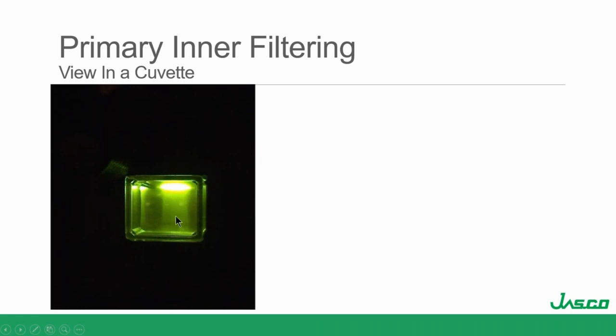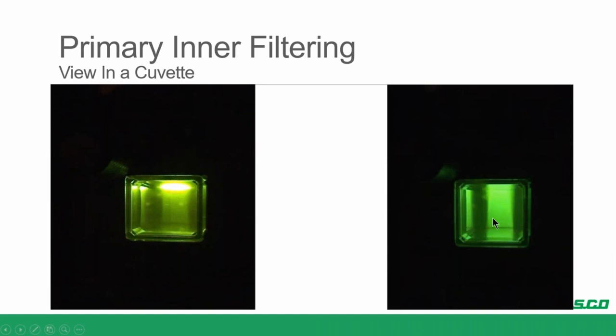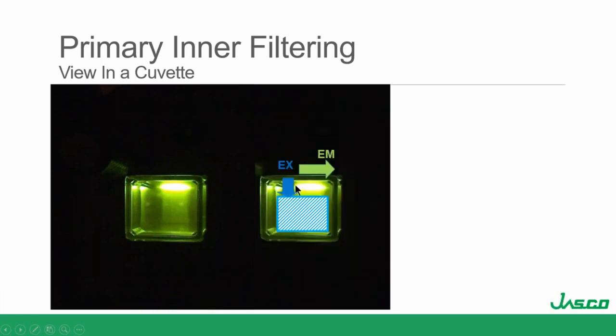So same cuvette view, right? And you might be able to tell it's different, but just to help you out a little, there's the one from before. What's the difference? We have this huge band of light at the front end, so it's so concentrated that all of the molecules that are in the front here absorb all of the light, and we only see emission from, say, the first couple millimeters of the cuvette.